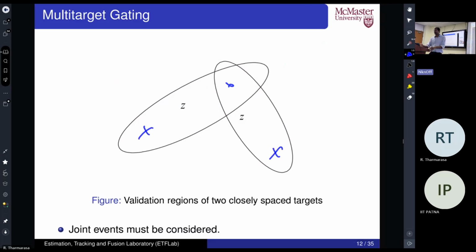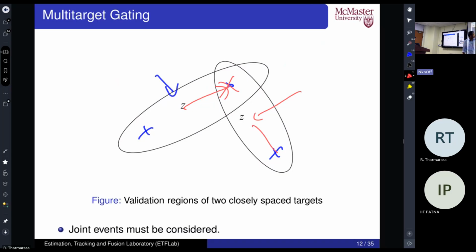You take the first target. These 2 are in the gate. You find the closest one, so you associate that. Then when you go here, you remove this option. Then you only consider this, you go here. But it may not be the optimal solution. It may not be the optimal solution, but it's a feasible solution, one solution that can work.